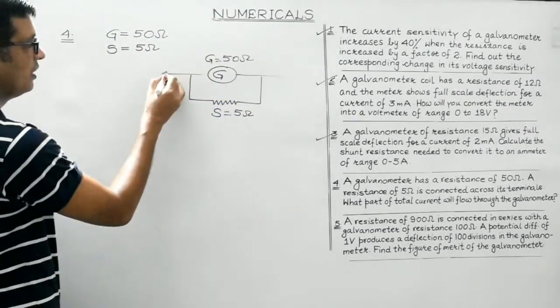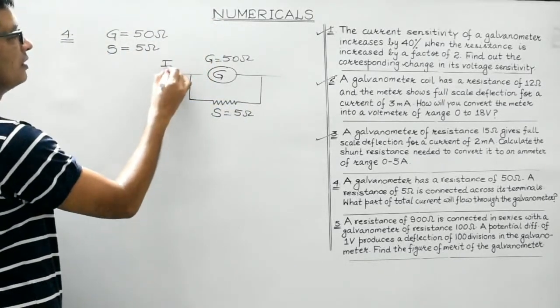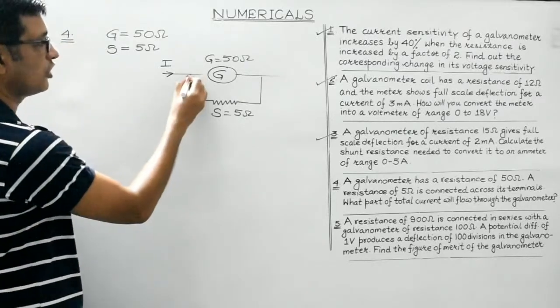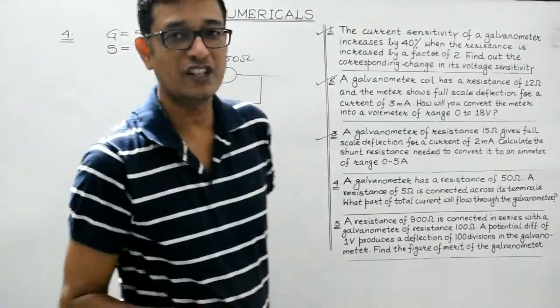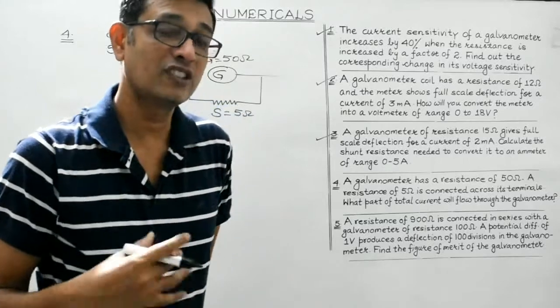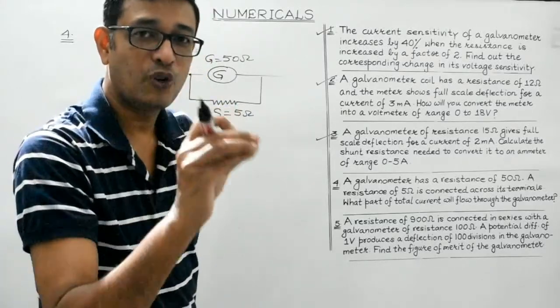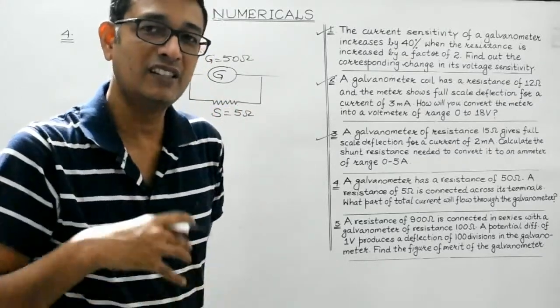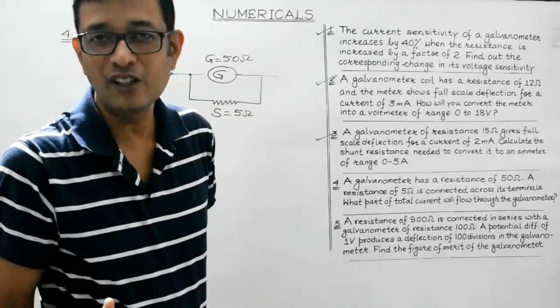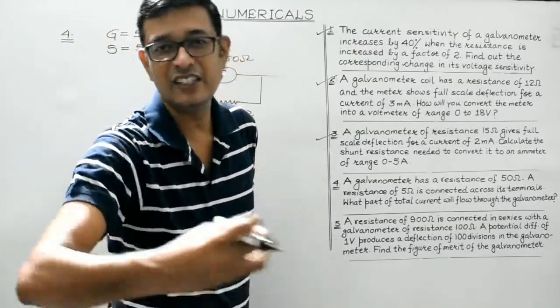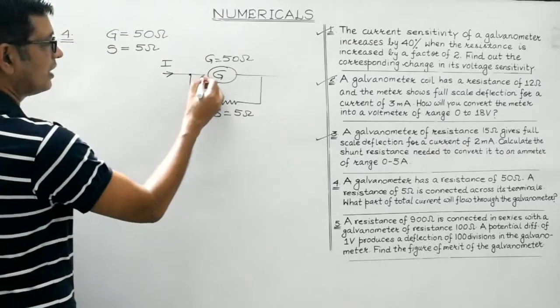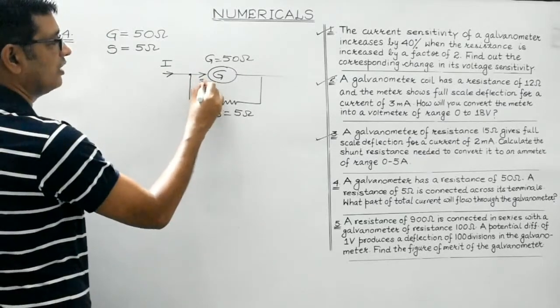So, students, if the total current flowing is I, then as I mentioned, this is a junction. You can very much make use of junction rule, isn't it? Junction rule states that at a point which acts as a junction, the sum of the currents entering the junction must be exactly equal to the sum of the currents leaving the junction. So maximum current that can flow through the galvanometer is Ig.